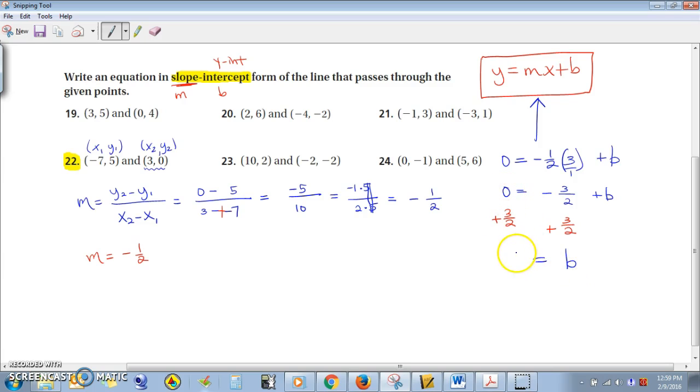And then 0 plus 3 over 2 is 3 over 2. So now I know that my b value is 3 over 2, and I can write the slope-intercept form as y equals mx plus b. So my m was negative 1/2, so y equals negative 1/2 x plus 3 over 2.